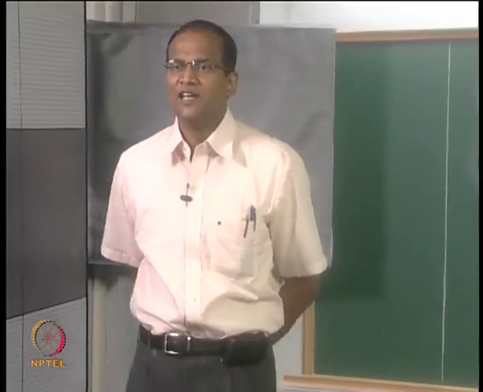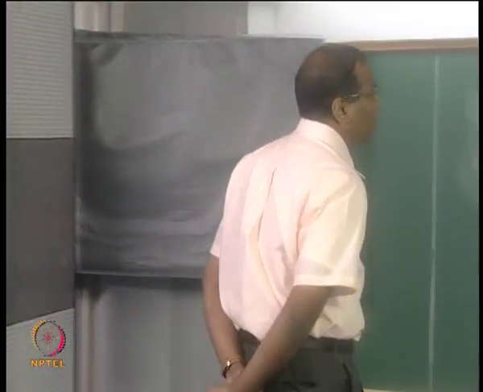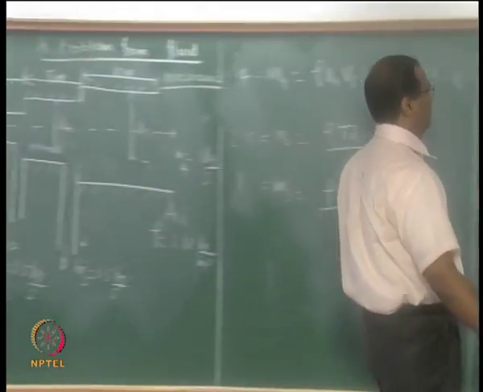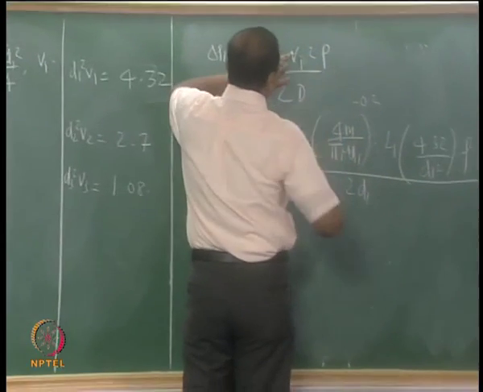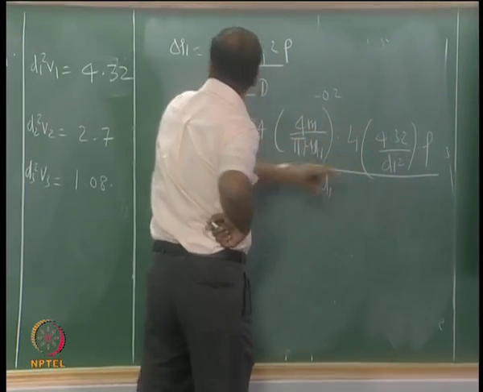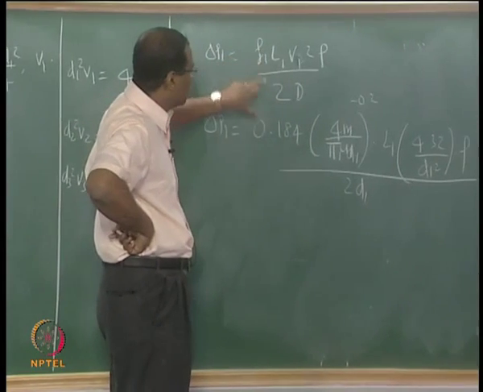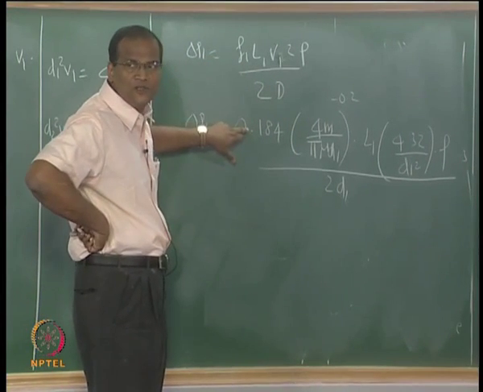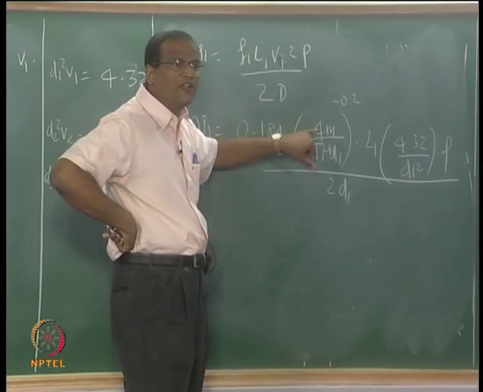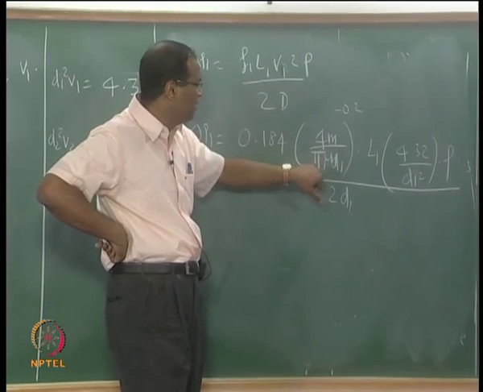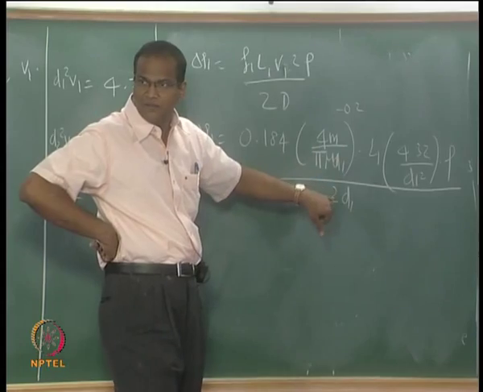I have done several things here. Wherever we got velocity, I have substituted 4.32 by d1 square, which I got from here. Instead of friction factor I substituted 0.184 Reynolds number to the power of minus 0.2. The alternative formula for Reynolds number in terms of mass flow rate is 4m by pi mu d1.